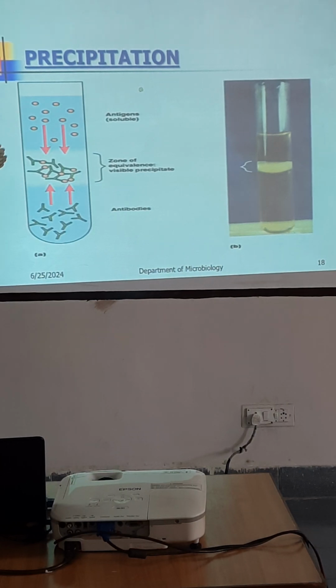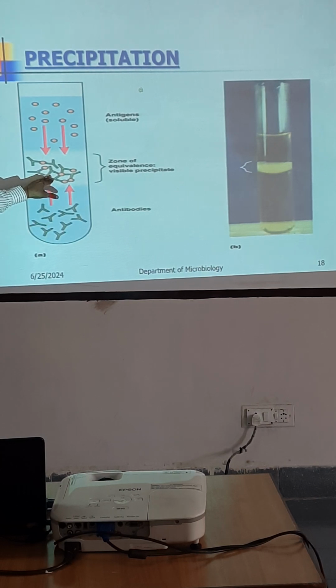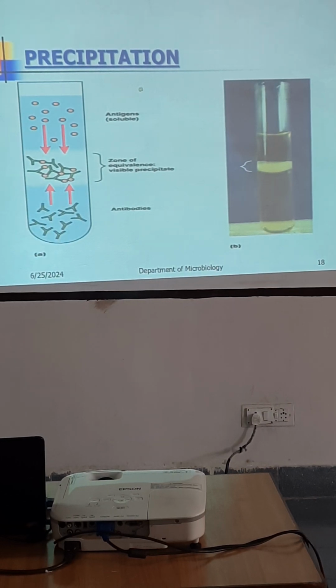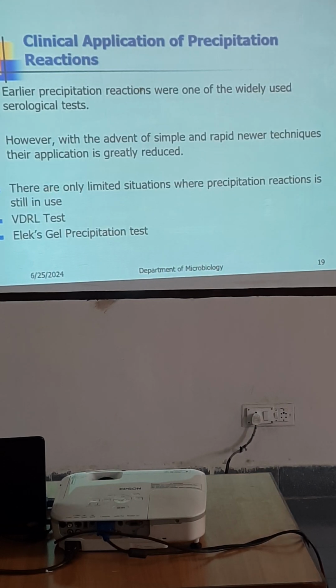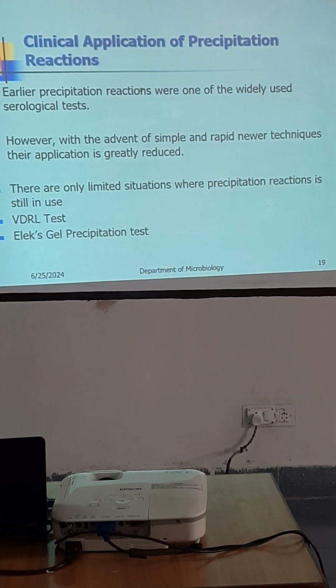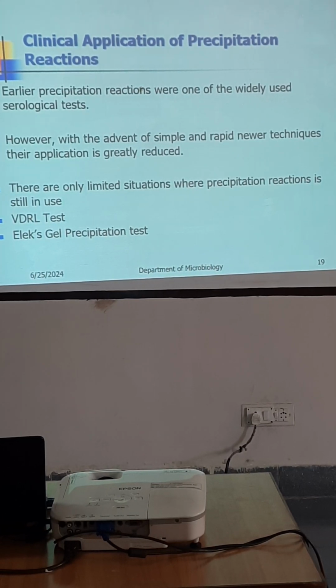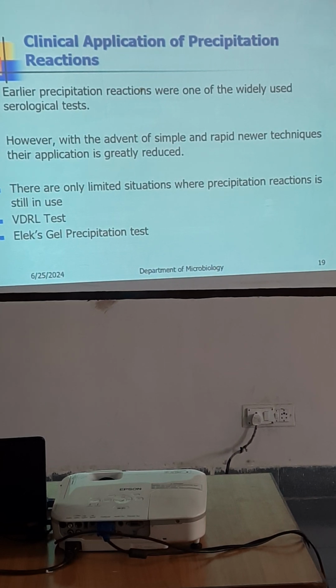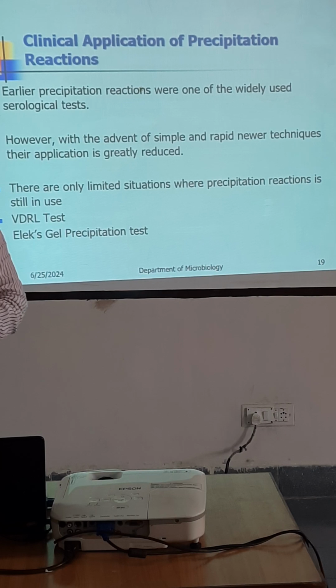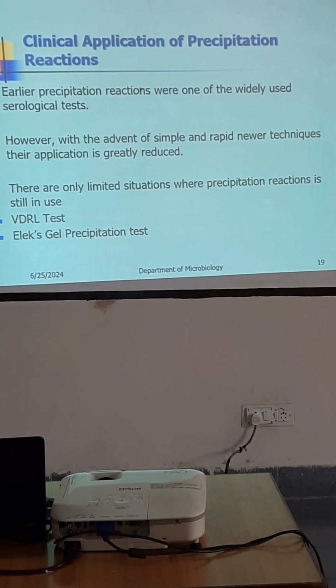So this is an example of a precipitation reaction. Here you can see the soluble antigen and the antibody solution, and both combine to form a visible precipitate at the zone of equivalence. Now, the clinical application of precipitation reactions: earlier, precipitation reactions were among the widely used serological tests, but nowadays these tests are obsolete because newer, simpler and rapid methods have been developed and have greatly reduced their use.